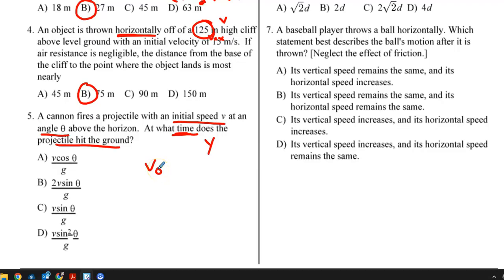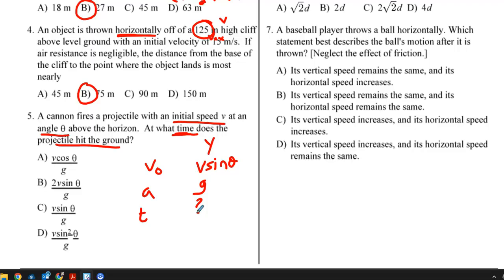Do we know initial speed? Yes. It is v, but we need v in the y direction, so that's got to be v sine theta. All right, that's the key thing there. Yes, it is launched at initial speed v, but since we're looking at the y column, we need sine theta in there. We know a is g, we're looking for t, right? And what is important here, and there's two ways you can do this.